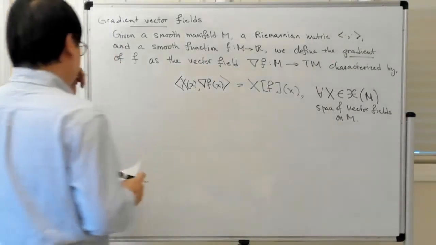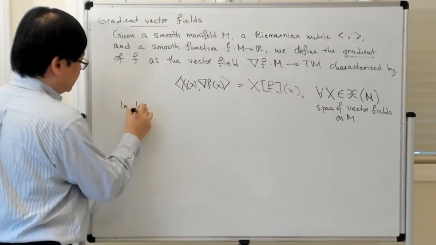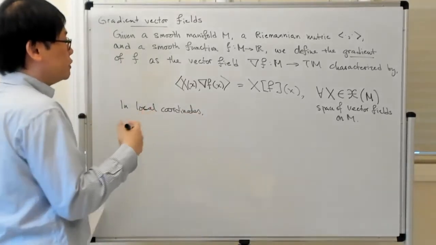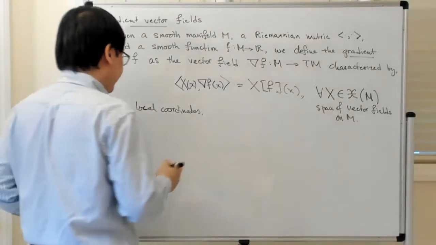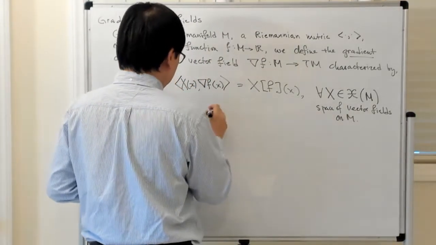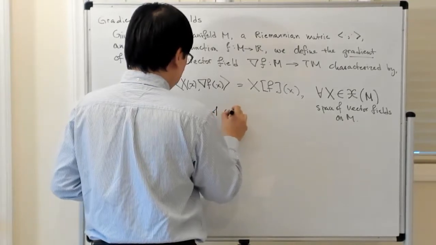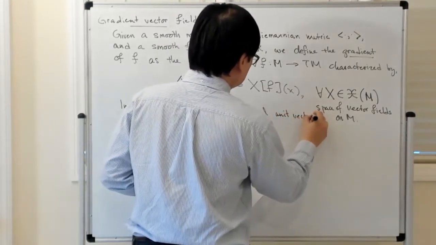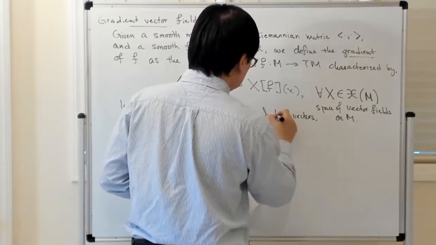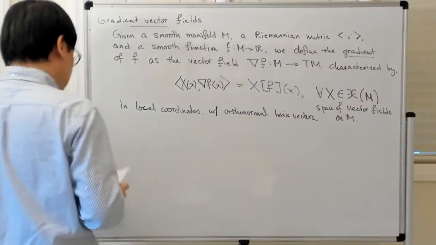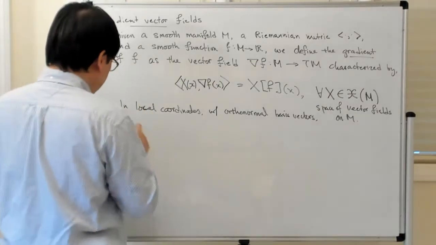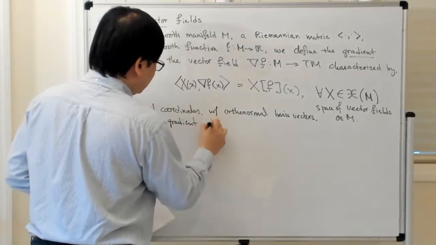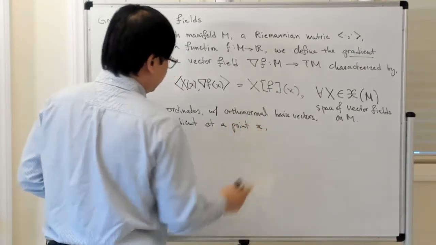All right. And then, of course, if you do this in local coordinates, and in particular, if you do this in local coordinates where the Riemannian metric is just the usual dot product, so that corresponds to orthonormal basis vectors, then the gradient is just the usual expression at a point x.